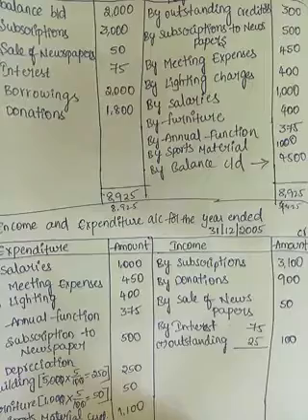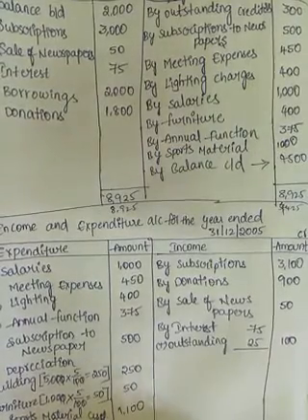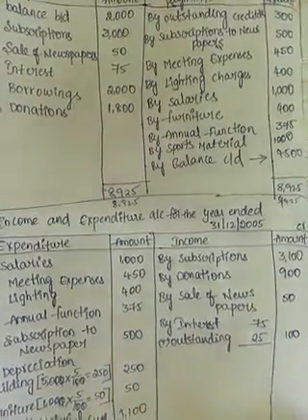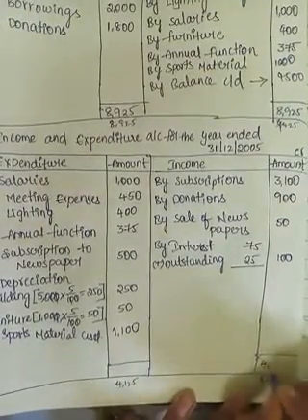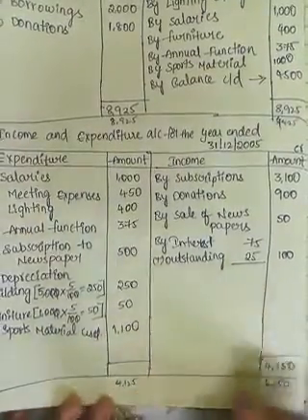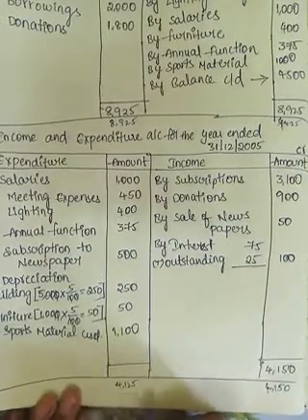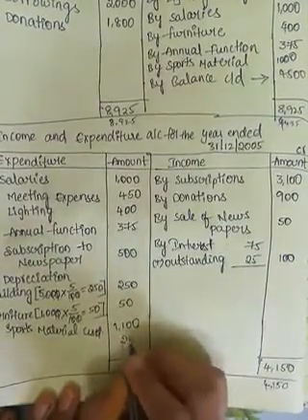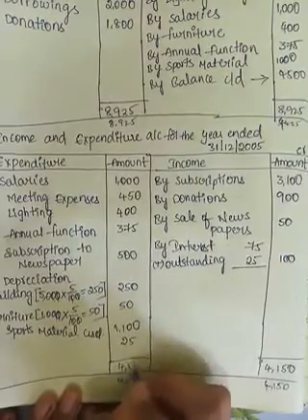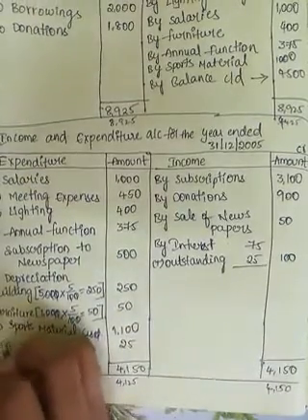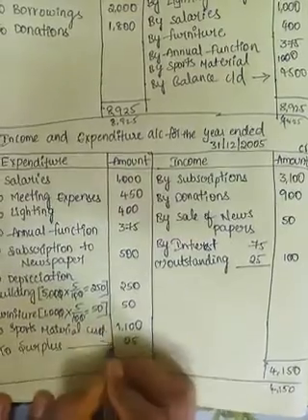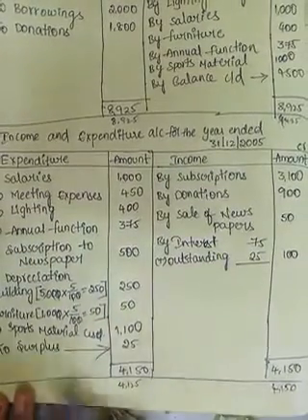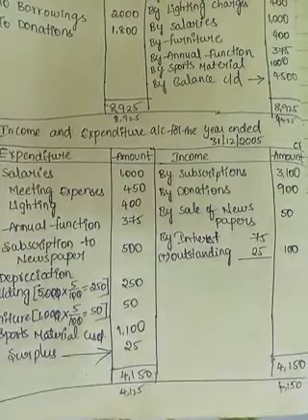The expenditure side is 4125. Which side is more? Income side is more. How much is the remaining less amount? 25. So this 25 is what? Surplus. To surplus amount is rupees 25. This will be added to the capital fund.